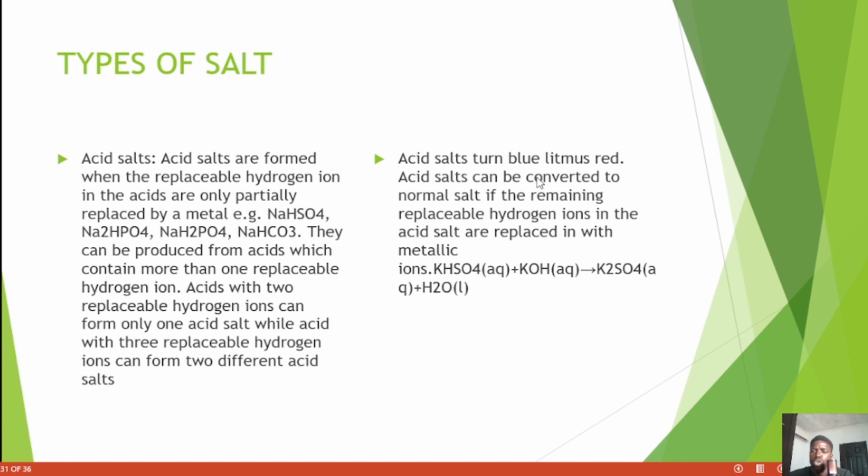Acid salts also turn blue litmus paper red, so it means that they are acidic in nature, and they can be converted to normal salts if the remaining replaceable hydrogen ion is replaced with another metallic ion. So as you can see, KHSO4, when you react it with an excess of the base, that particular hydrogen would now be further replaced. So once you think acid salt, once you see hydrogen as part of the chemical formula of the salt, the implication is that it is an acid salt.